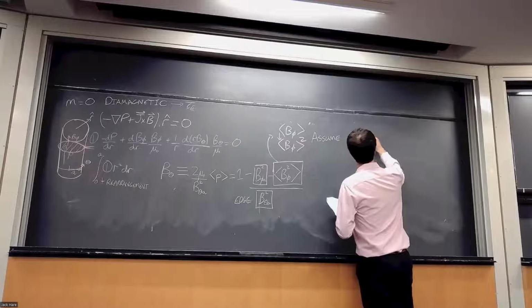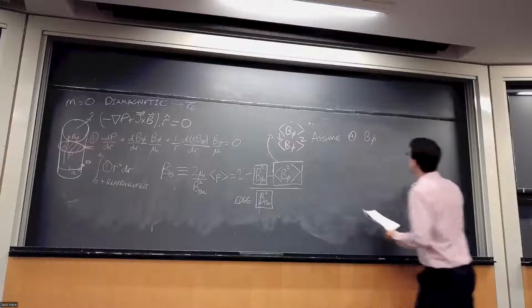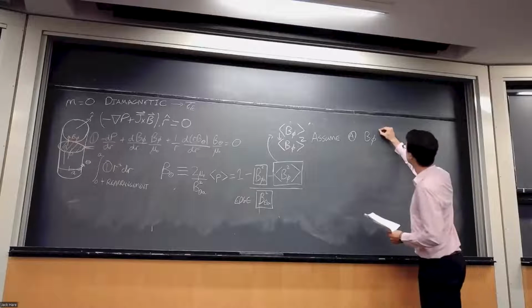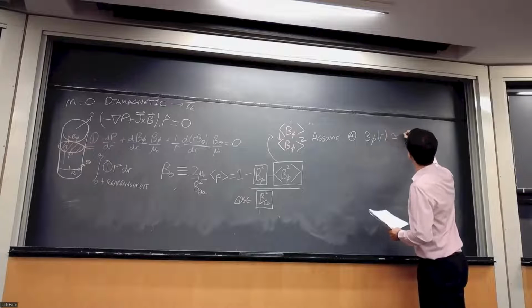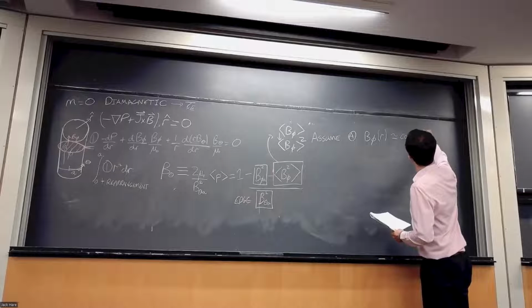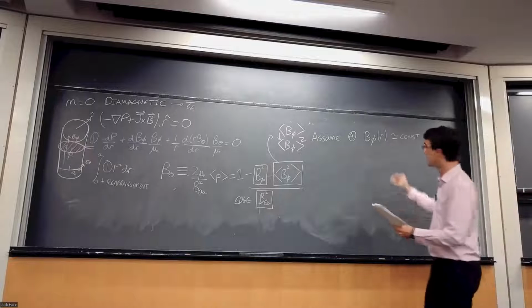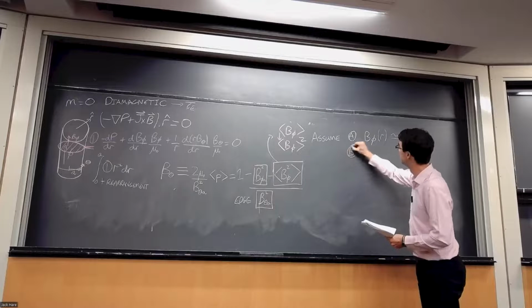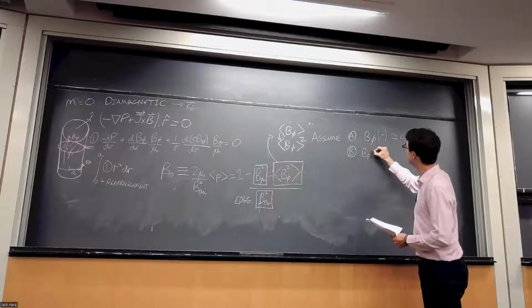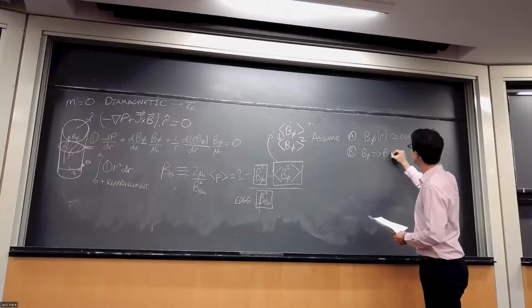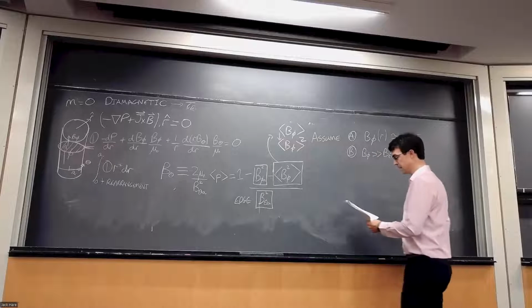First of all, that our toroidal magnetic field B phi as a function of r is roughly constant, as in constant spatially. It doesn't change much in r. We're going to assume that B phi is much, much larger than B theta.